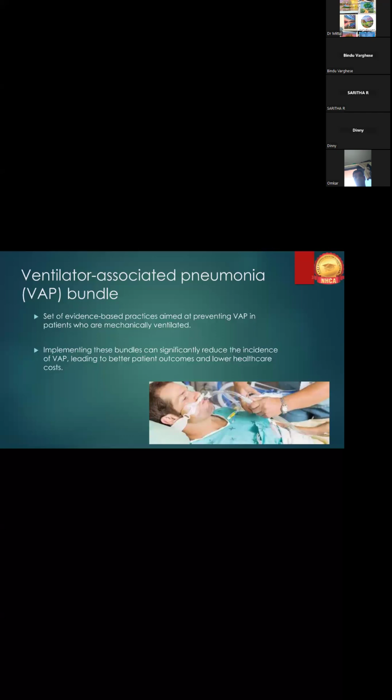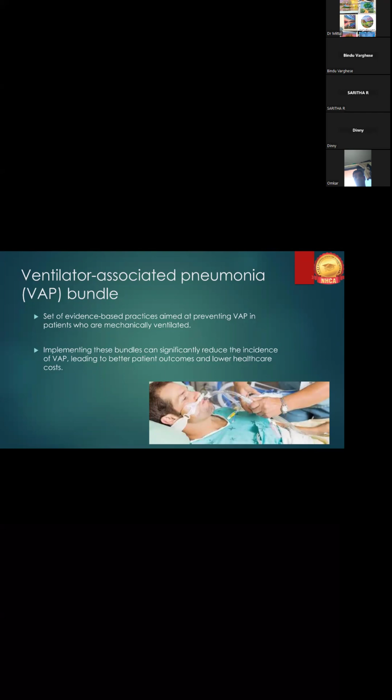IV care bundle, IV site care bundle. Good. Some hospitals prefer to limit it to just the CLABSI bundle. CLABSI will come in central line, and IV site will be specific to IV. PVAS, what is the full form of PVAS?